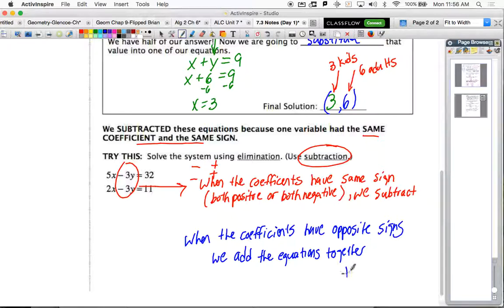So when one is positive and the other is negative, like positive 9x and negative 9x, then we would add the equations together. If we had a negative 5x and a positive 5x, then we would add the equations together because that would eliminate it to 0. So that's the general rule of thumb.